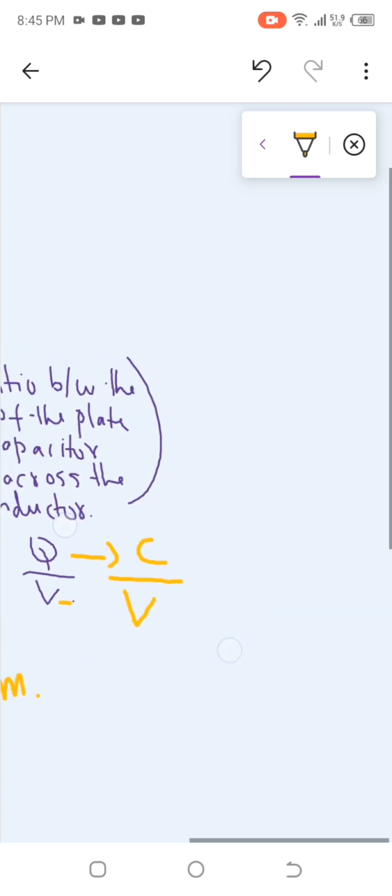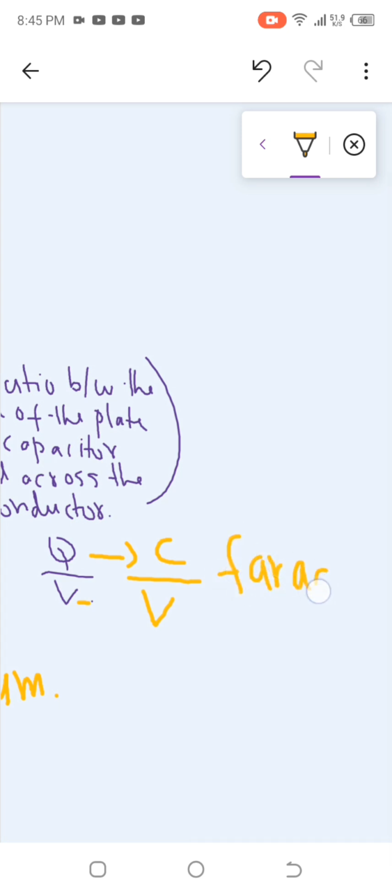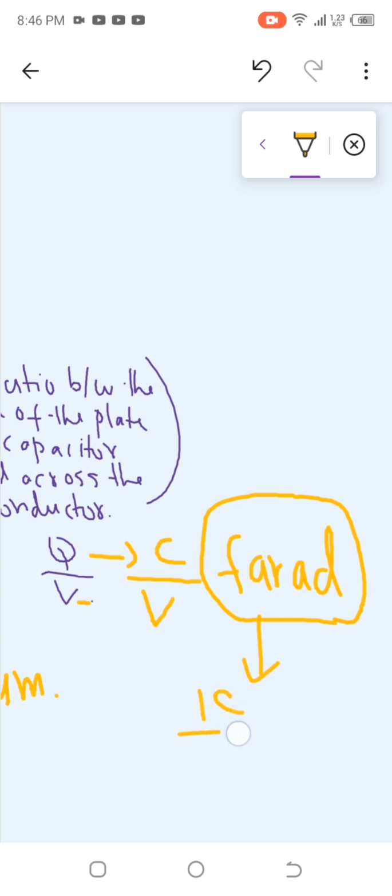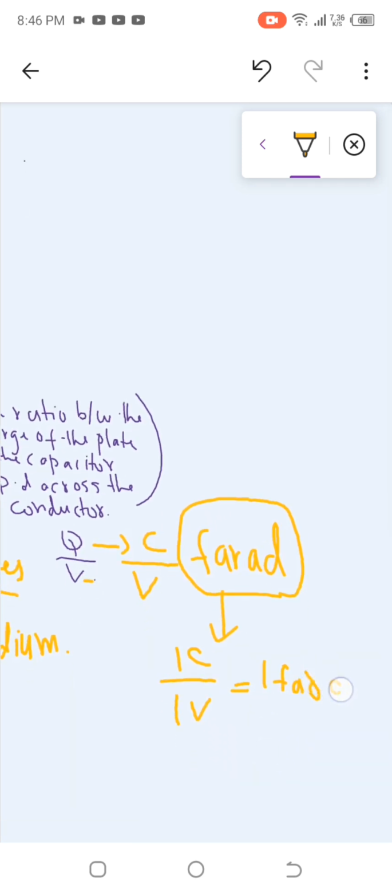Coulomb per volt is called a farad. Farad means that if 1 coulomb of charge is given to the plate to produce a potential difference of 1 volt, then 1 coulomb per 1 volt is called 1 farad. That is the definition of 1 farad.